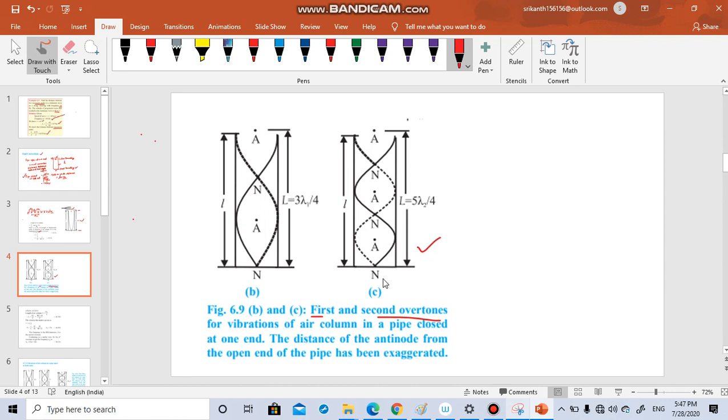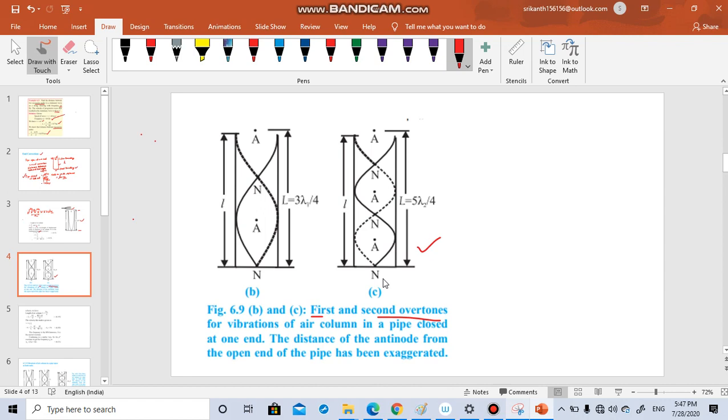Now here one very careful thing you have to understand. See, fundamental frequency is there. First harmonic, second harmonic, third harmonic, fourth harmonic, like that. Okay, they follow the order. But overtone need not be; sometimes the first overtone can be the second harmonic. Okay, so a slight difference is there. You need to understand that.